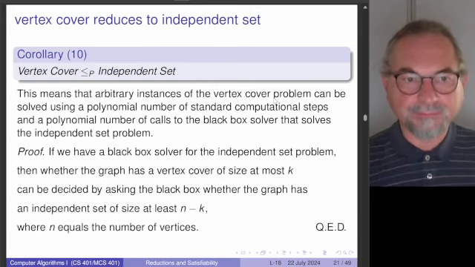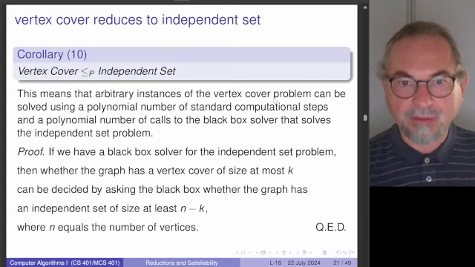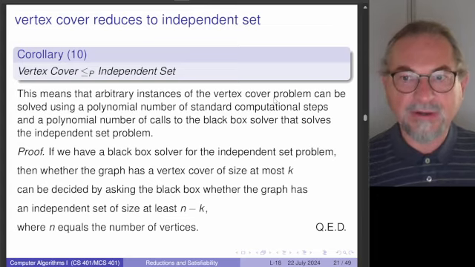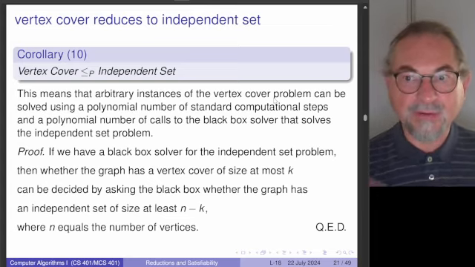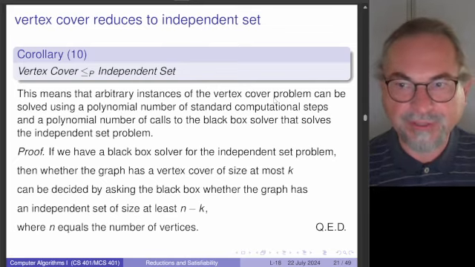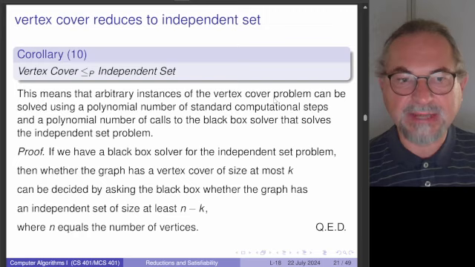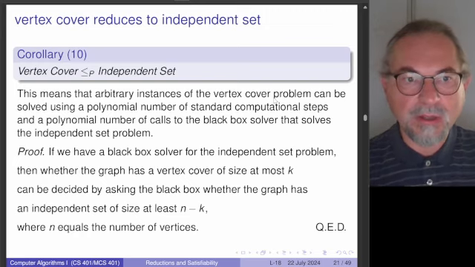If vertex cover reduces in polynomial time to independent set, then if you have a black box solver for the independent set problem, you just have to take the complement size of the k you're working with. That is the same as asking, if you're interested in a vertex cover of size k, whether you have an independent set of size n minus k.